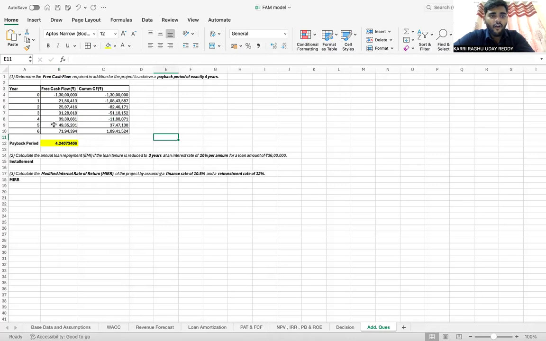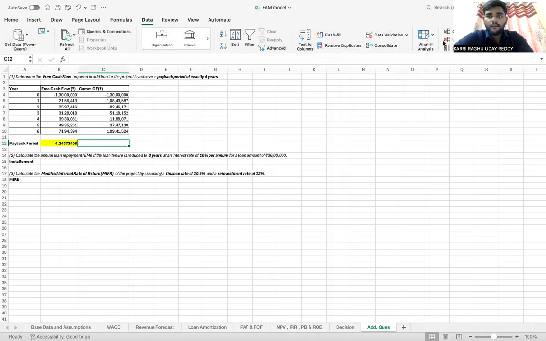Now, they are asking how much free cash flow in addition is required to get the payback period to exactly 4 years. So, using a function called goal seek, we will try to calculate this. Let me go to Data, What-If Analysis, Goal Seek.